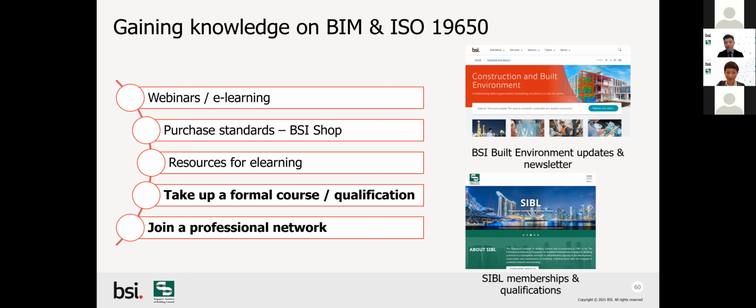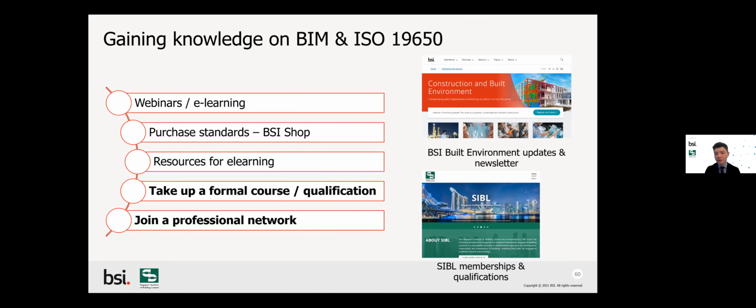Like what we shared earlier, you could also look into purchasing the standards from BSI Shop, which will allow you to have access to the standards and be able to see what are the different standards relating to BIM, which Kopi has shared earlier. And also you can look into resources for e-learning.